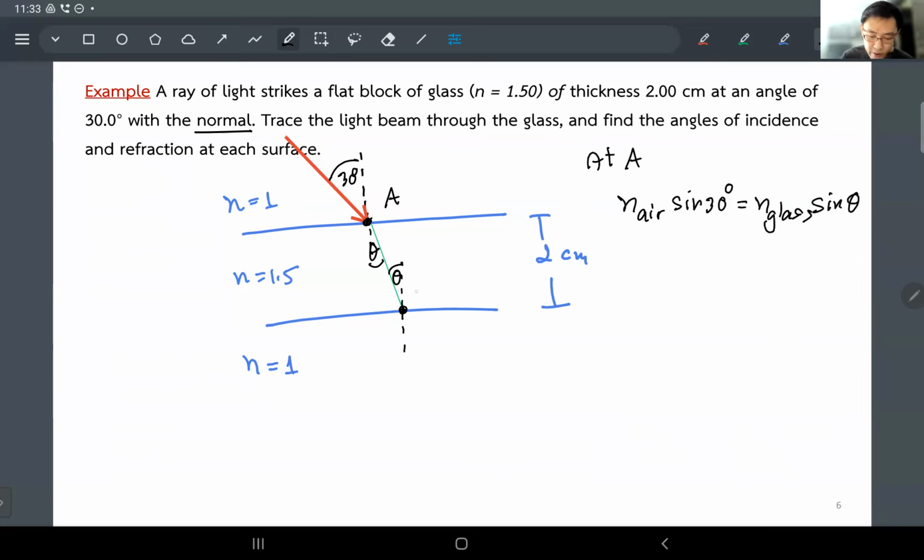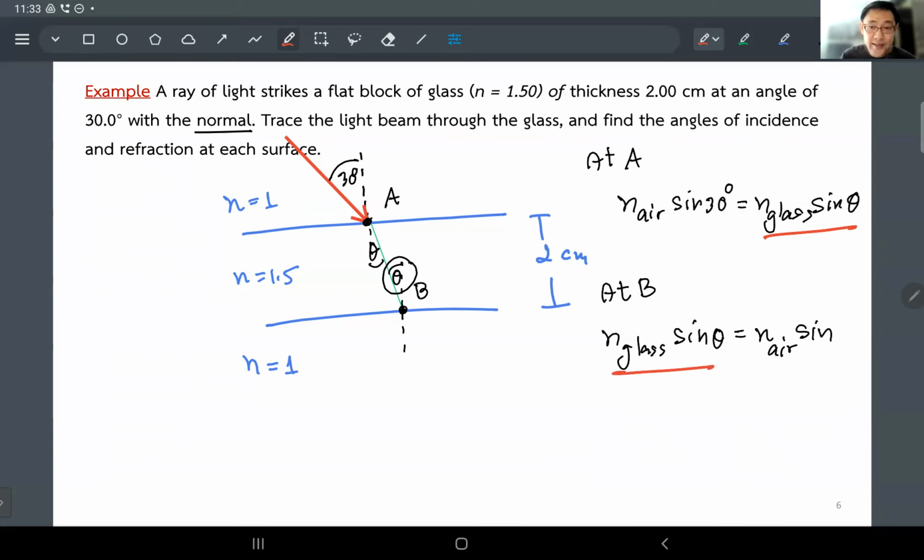Now if you try at B, n glass sine theta, the same theta right there, is going to be equal to n air sine of the angle on the way out. They look the same. Now you can guess that on the way out, the angle is supposed to be 30 again. So no problem, you come out there. You guys with me? That's the whole trace.